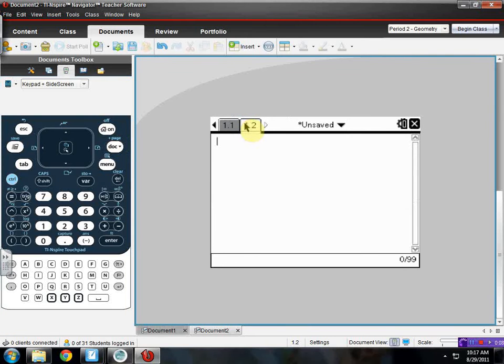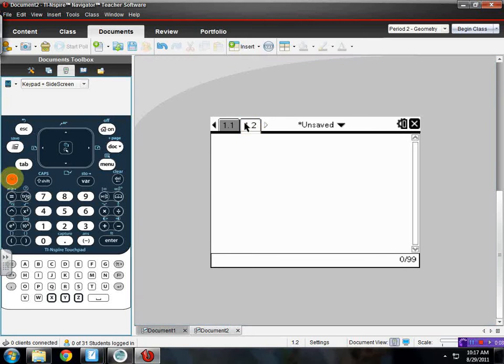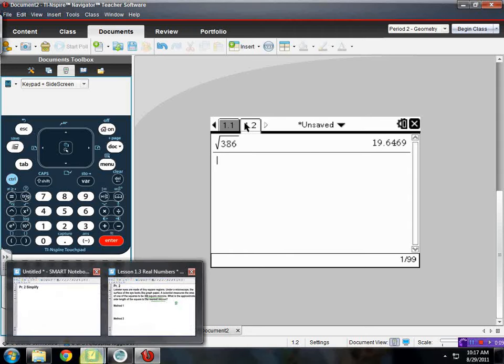All right, so method 1 is we're going to say square root of 386. There you go. All right, hit enter on this. It's going to be what? 19.6469. Is that the answer they want? 19.64? No, what answer do they want? 20, right?